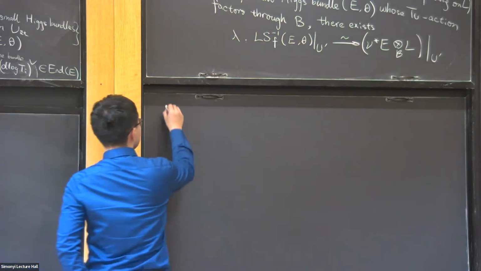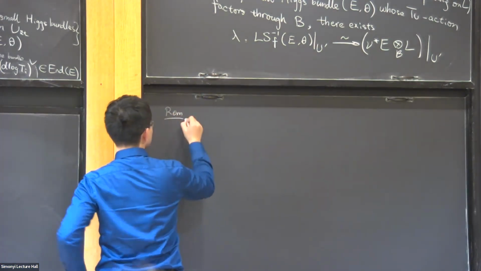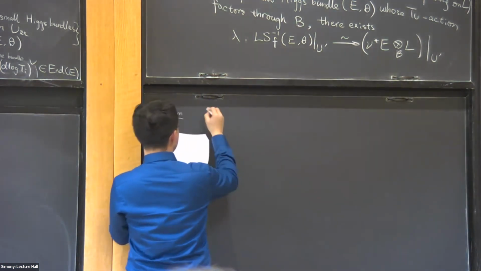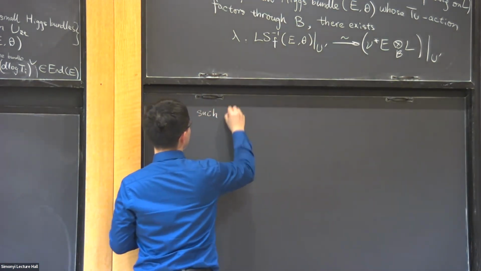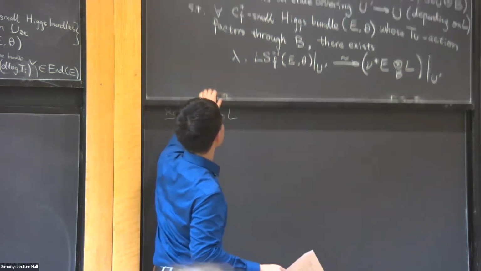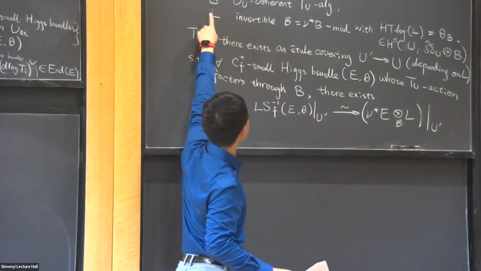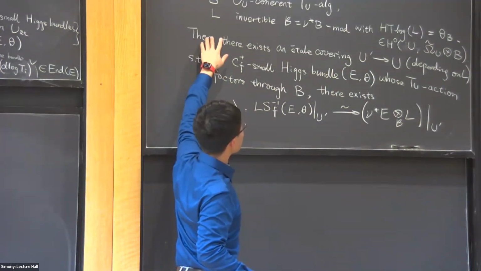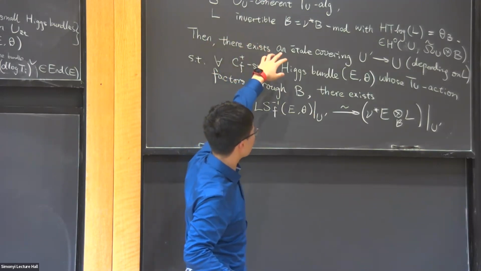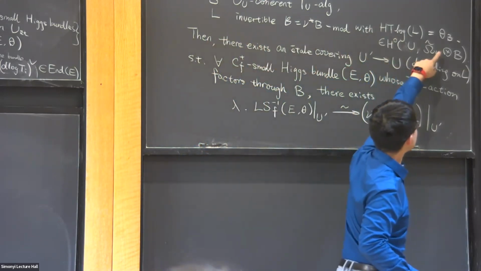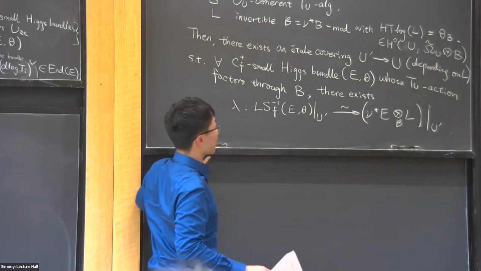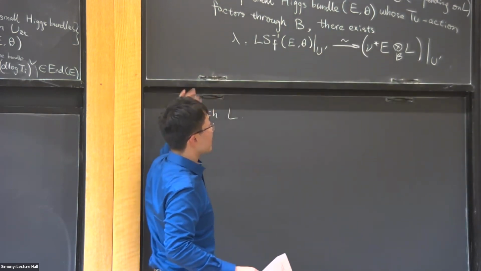So the remark is that such U is always such. If you have a coherent algebra B in hand, then we would like to pick an invertible B-module with the specific Hodge-Tate log image. This can be taken locally.